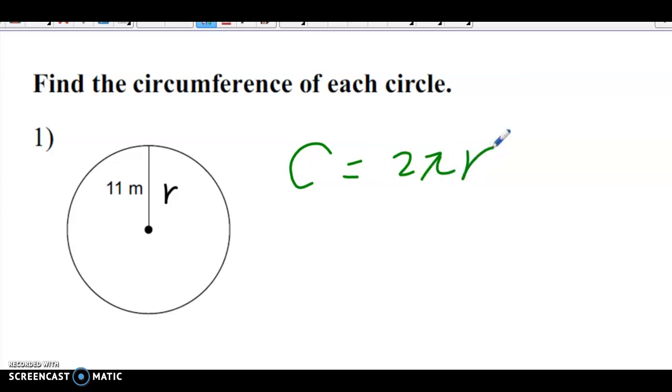So we plug in the numbers here. That's going to be 2 times pi times 11. So combining like terms will be 22 pi meters. As I said, you can leave the pi term there. You don't have to put in 3.14.